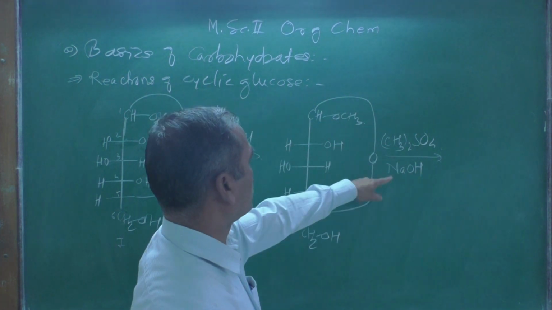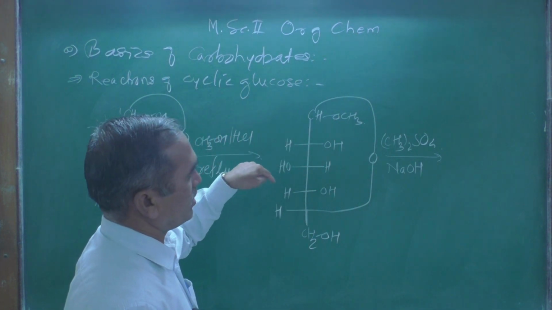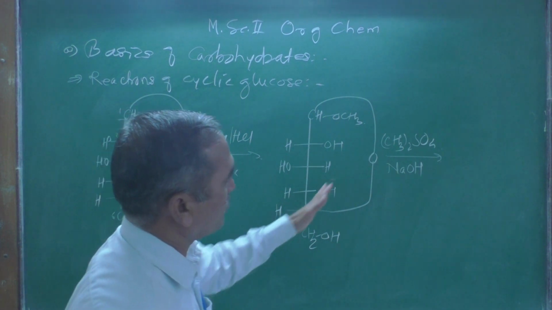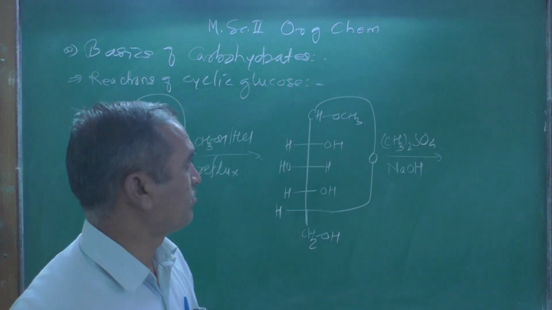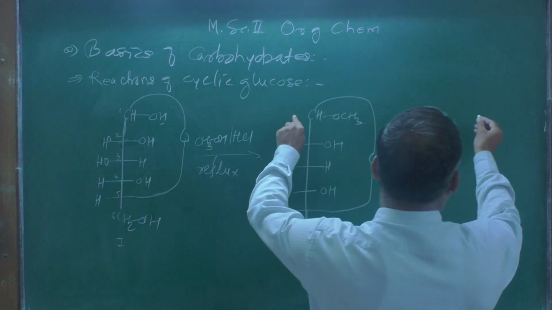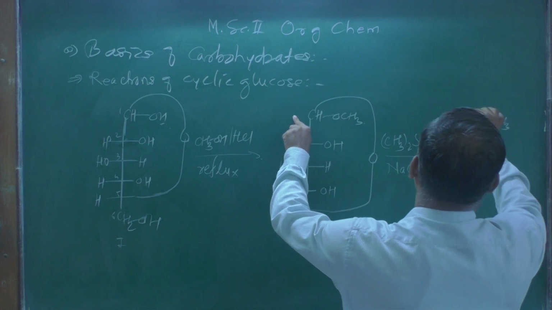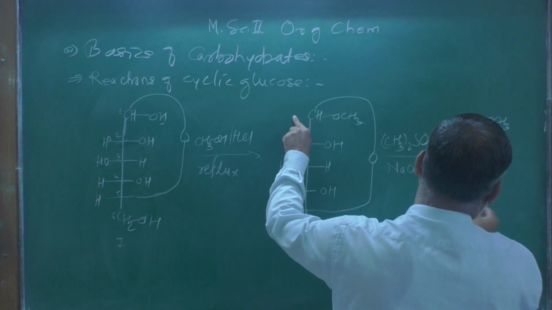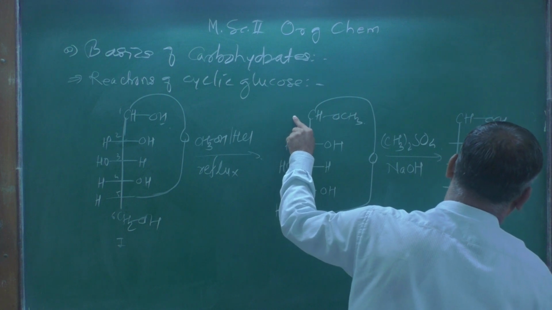The base abstracts all the hydroxyl protons and forms a negative charge on the oxygen atoms, which then attack the methyl group. The resulting product is CH, then OCH3, as it is, then the rest 1, 2, 3 and 4, and the last one becomes CH2OCH3.